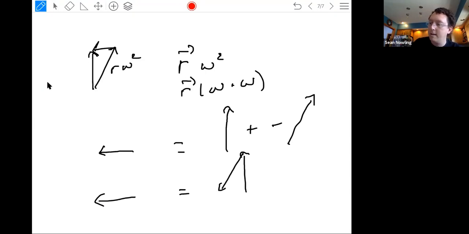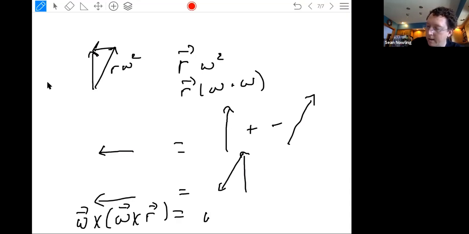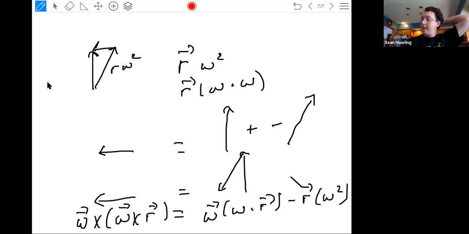So that tells me, working them all out, that omega cross r equals omega times omega dot r minus r times omega squared, as claimed in the notes.